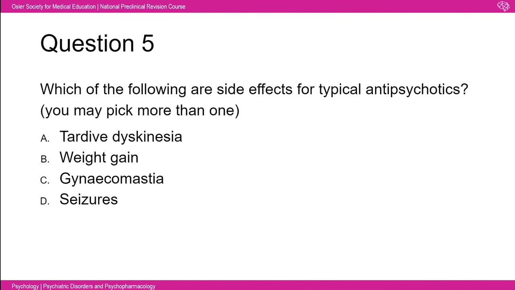And then gynecomastia, which is the development of breasts in males, is actually one of them. It's quite a common side effect of using antipsychotics. And seizures is not actually one for this, but is one for the atypicals, though a very rare side effect.